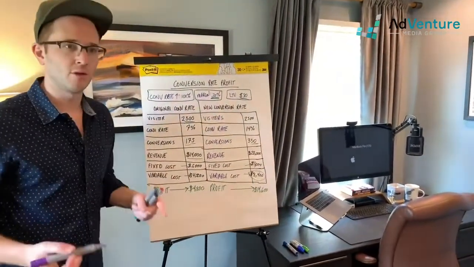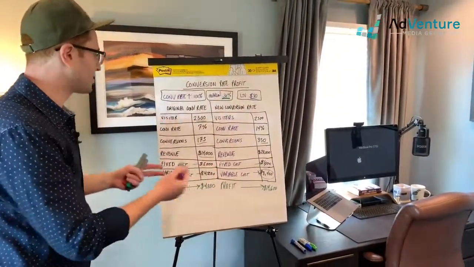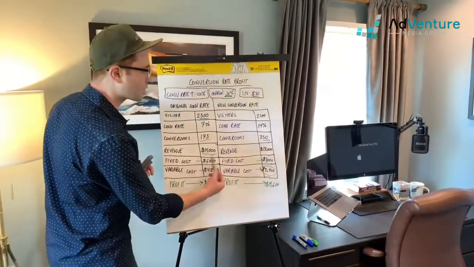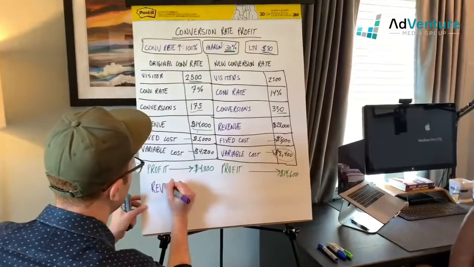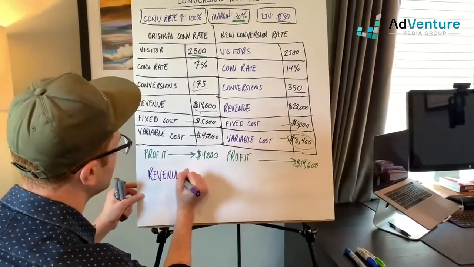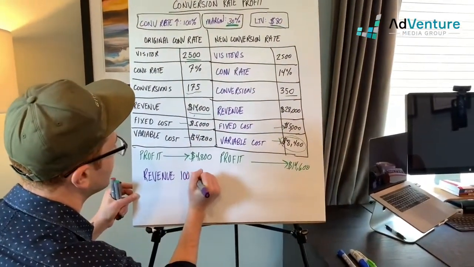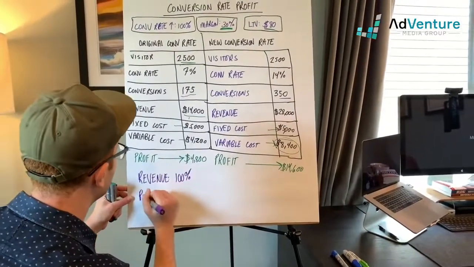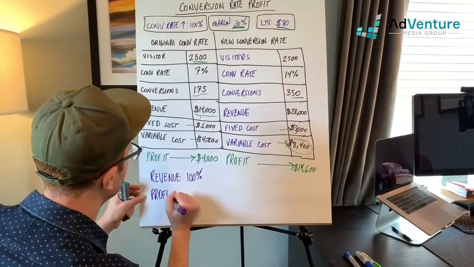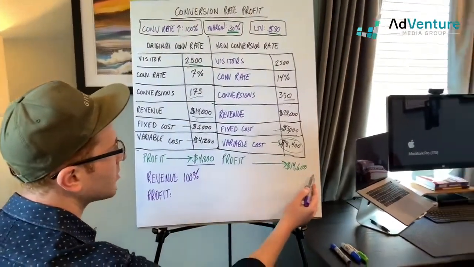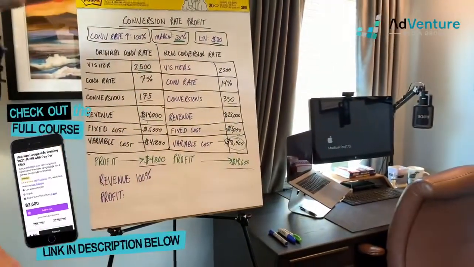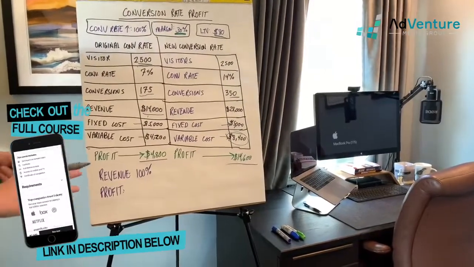What percent increase did we have? Revenue went from 14,000 to 28,000, okay? So revenue increased how much percent? 100% increase in revenue. Profit increased how much percent? We went from 4,800 to 14,600, okay? So you could ballpark that.